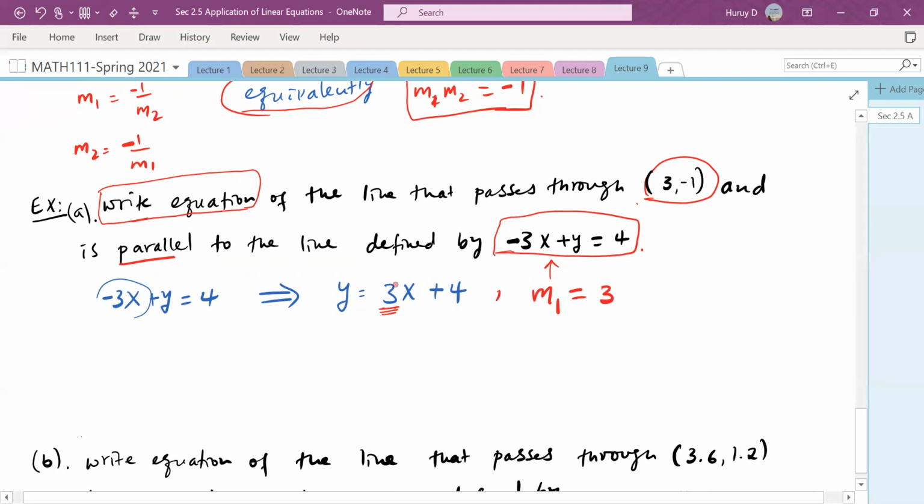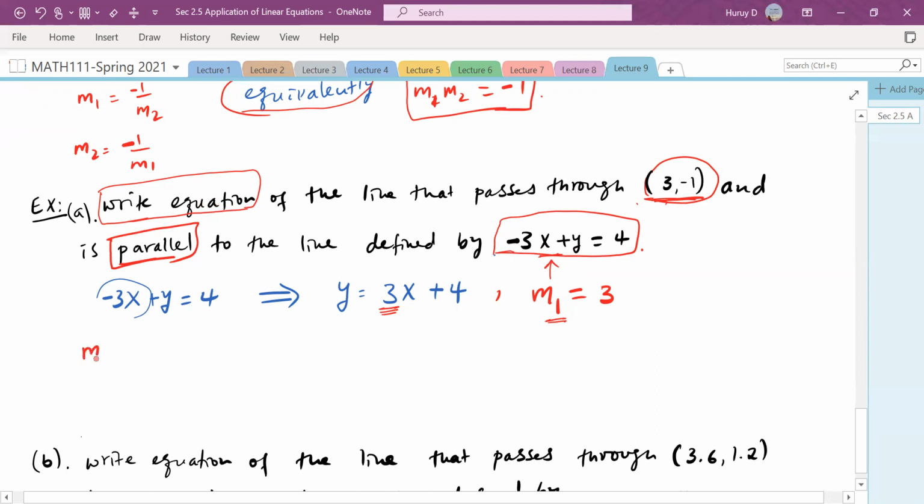So I know the slope of this line, but this is a different line. What I'm looking for is the equation of another line that passes through this point. It's not this line, they are not the same. But what do I know? Well, those 2 lines are parallel. This is very important. When they are parallel, the 2 lines are of course not the same, but they have the same slope, which means this M1 that we are saying is the slope of this line is also the slope of the other line.